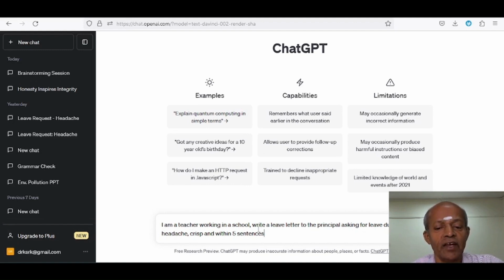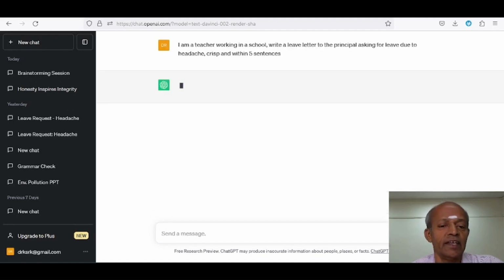You are asking for a leave letter to the principal, asking for leave due to headache, and the letter should be very crisp and within 5 sentences. So everything is very clear, and the behavior of ChatGPT depends upon the prompt that you are giving. Now let us see what it is providing.